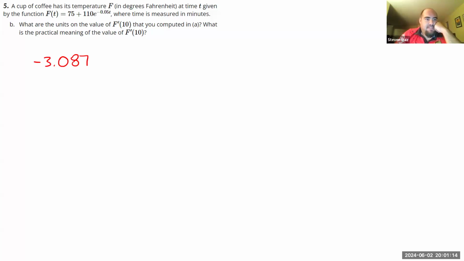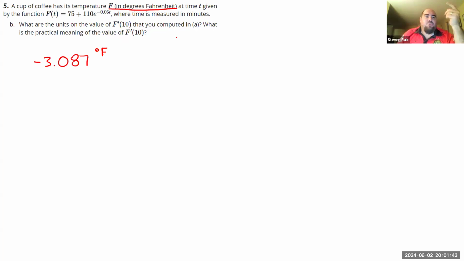Let's think about what those things are. Capital F represents, in degrees Fahrenheit, the temperature of this cup of coffee. Because of that, the units on this had better involve capital F. And the very first thing we talked about this semester was covariation, and you can't really talk about derivatives without thinking about how two quantities vary together.